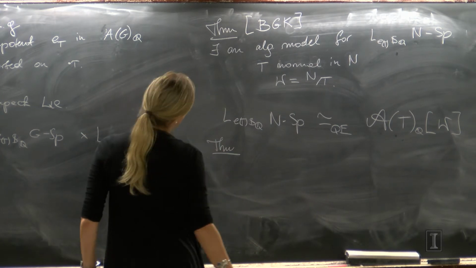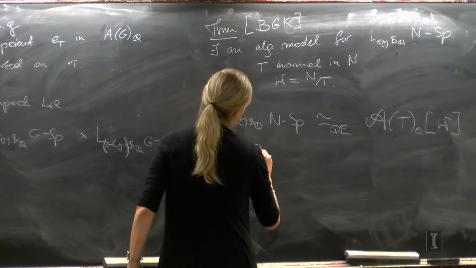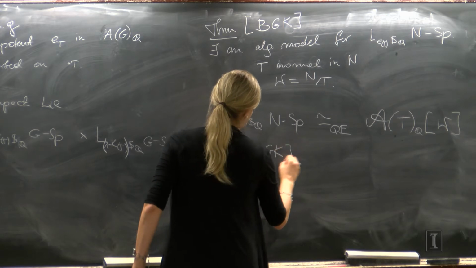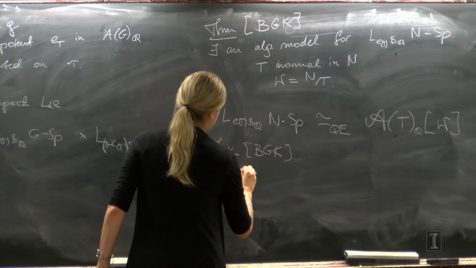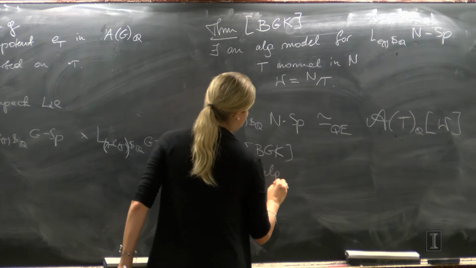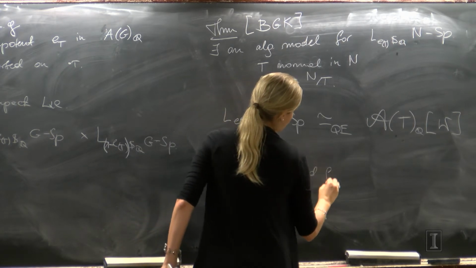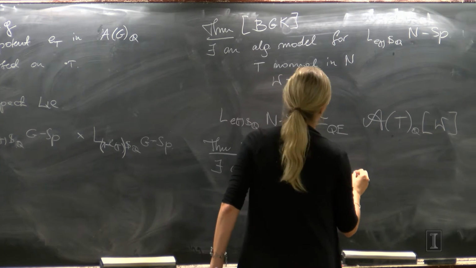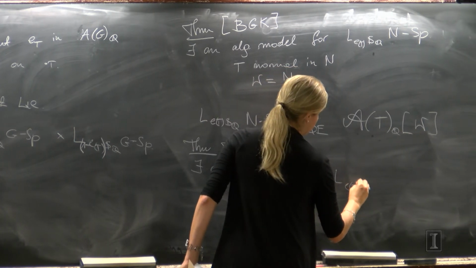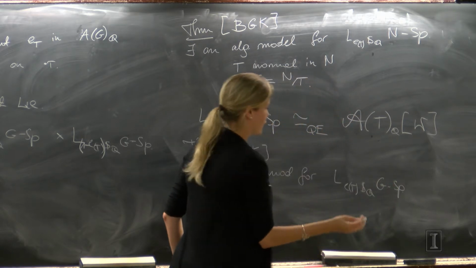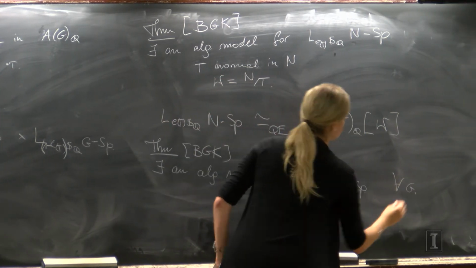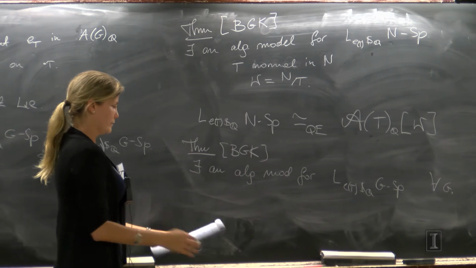What if my maximal torus is not sitting so nicely in the group? We can still do this. So we can still provide an algebraic model for rational G-spectra, so for any G. Well, how are we going to do that?